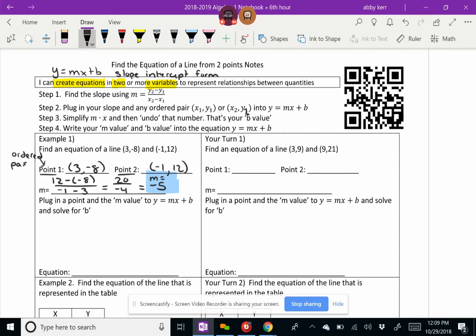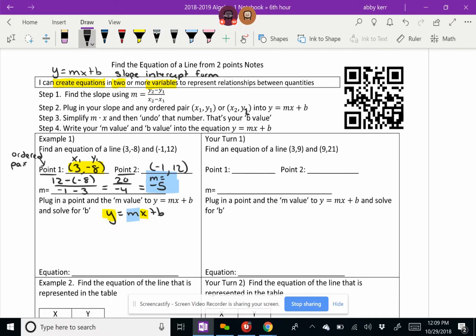Now the next one says plug in a point and the m value into y equals mx plus b. Now I'm a big fan of highlighting. So my ordered pairs are going to be the y and the x. It doesn't matter which one you choose, as long as you know which one's your x and which one's your y. And then you're also going to plug in your m value.